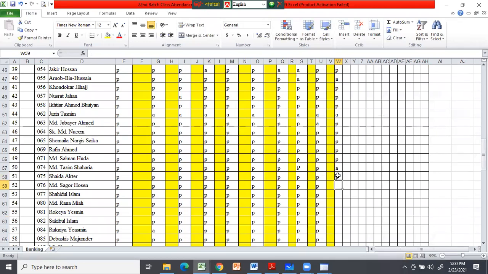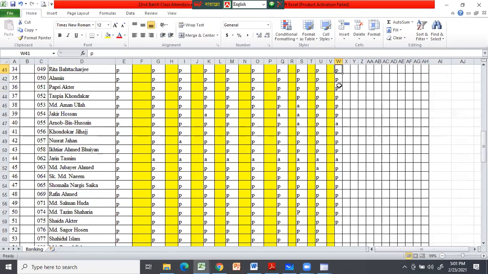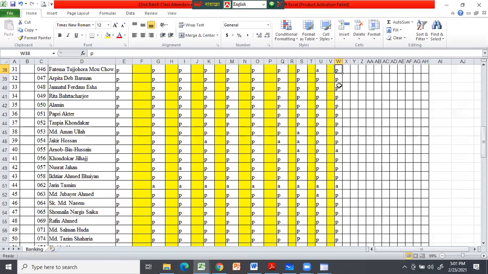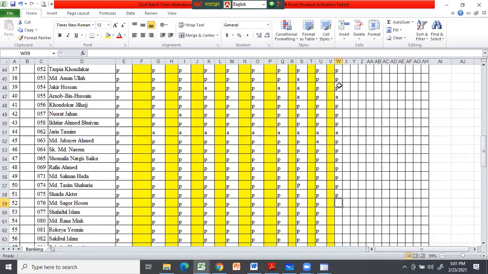Sir, 50. 76. 75 got disconnected. Sir, banking 53. Okay, I have marked it. Sir, banking 46. Yes, 46, marked. It disconnected, banking 53. Yes, 53 marked. Roll number 76.